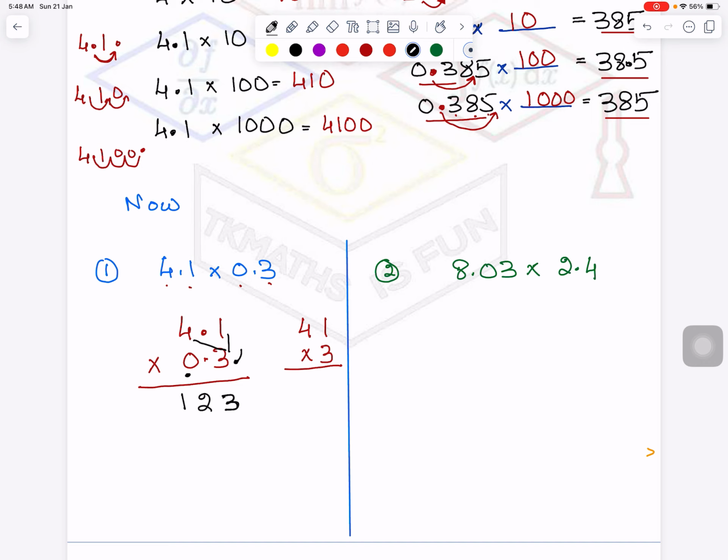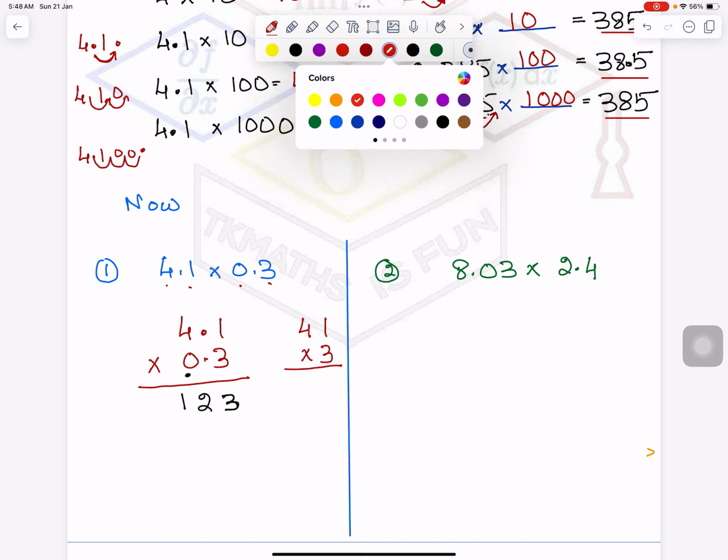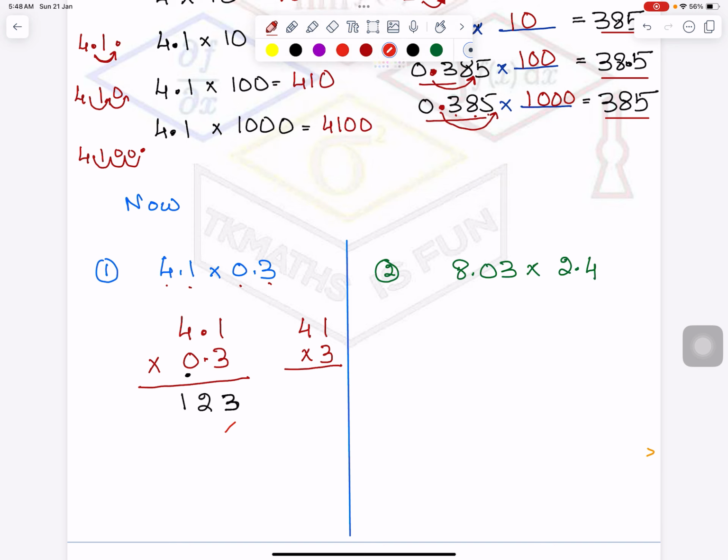Now I'm starting with 0. So 0 times 1 is, the first digit you will cross out, 0 times 1 is 0. 0 times 4 is 0.